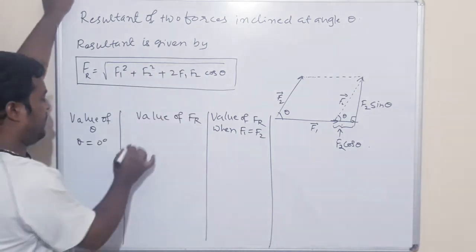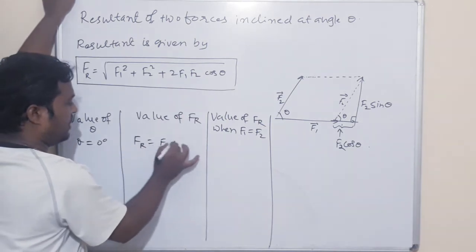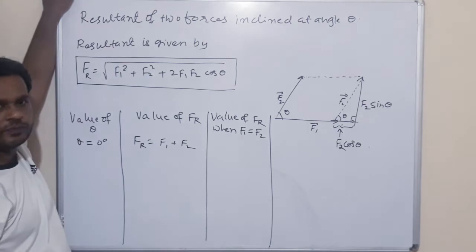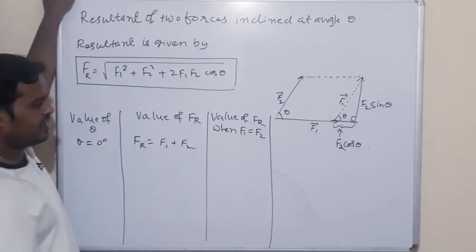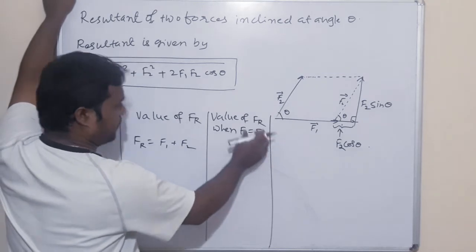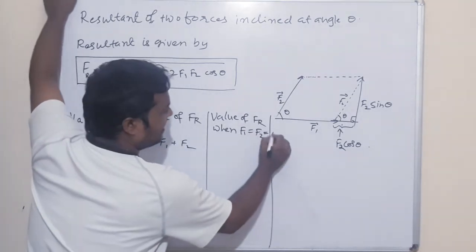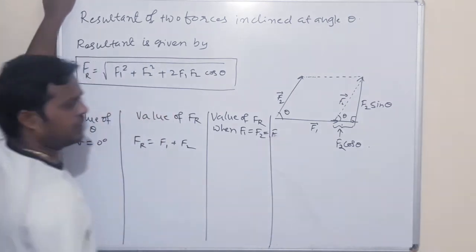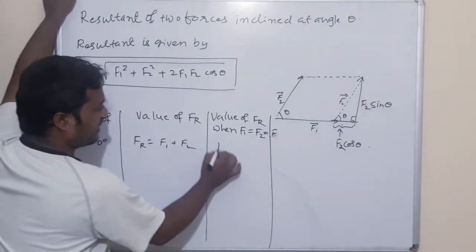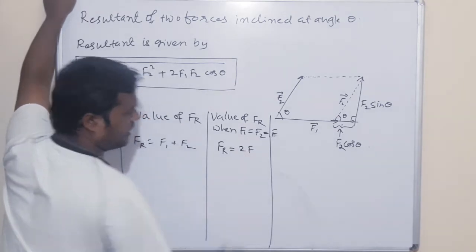This root and square will get cancelled. Then I will get Fr is equal to F1 plus F2. Suppose F1 is equal to F2, both equal to F, let's take the same force. Then I will get Fr is equal to 2F.